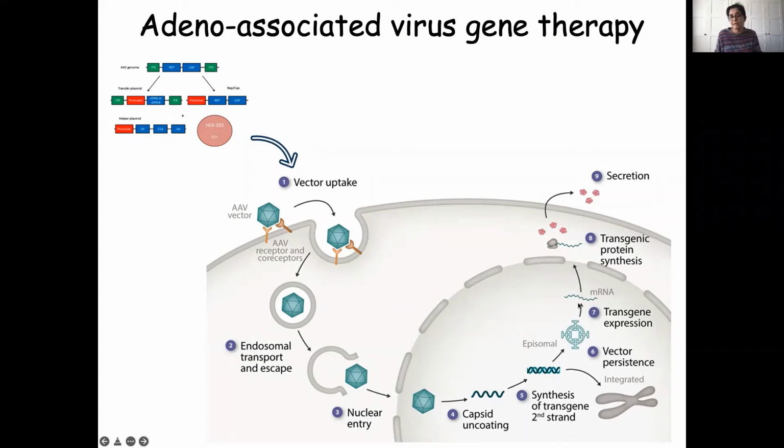Remember that messenger RNA is the intermediary step before the proteins are made, and the proteins are going to perform the function or go out of the cell and perform the function. So in theory, those are the basic steps of making a cell start making the protein that it was deficient of in the first place.